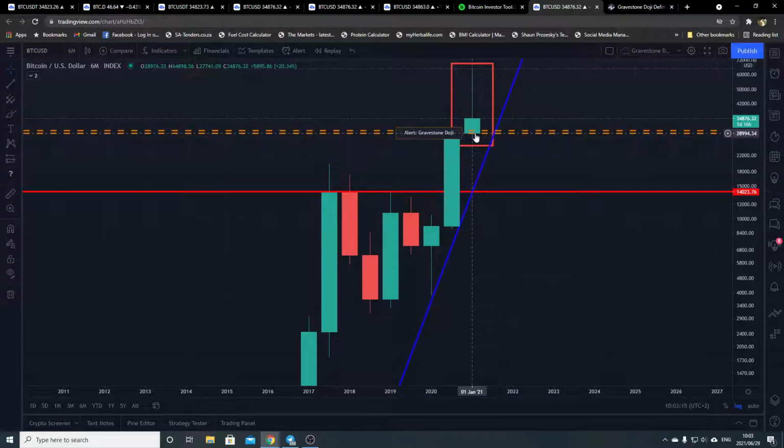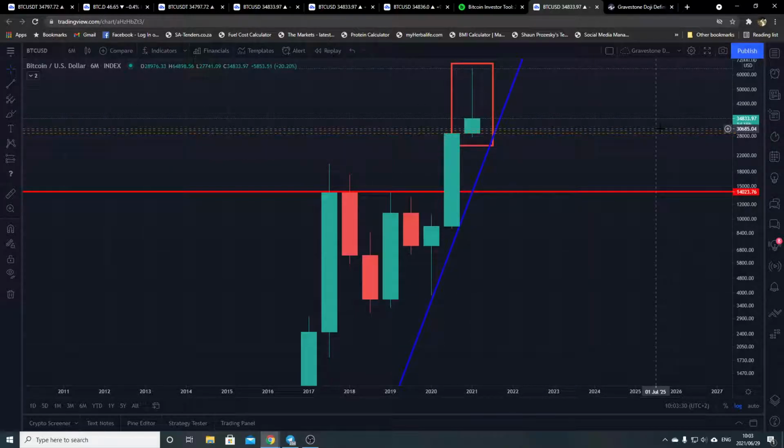So this one needs to be printed in the 30 to 29K, otherwise it can be invalidated. So what we're watching closely is in a day and 16 hours time.